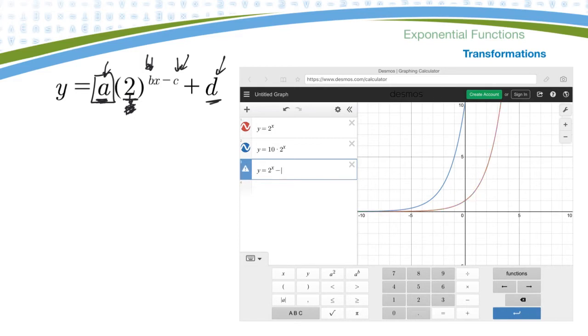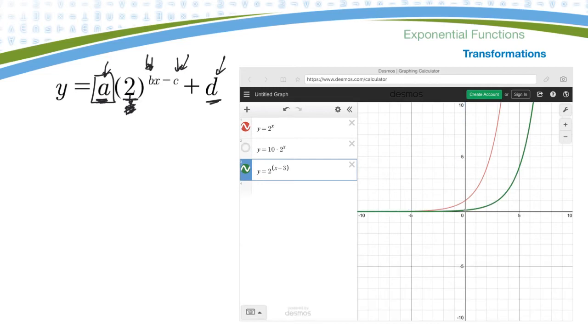Oh, that's one thing you have to remember. If you want to put something up in the exponent, you have to put a bracket. So I'm going to put a bracket there, then I'm going to put x, say minus 3, and close the bracket. Okay, so let me get rid of this blue one.